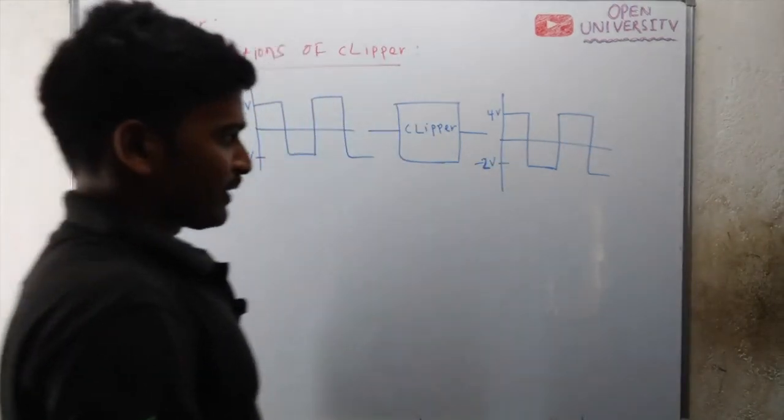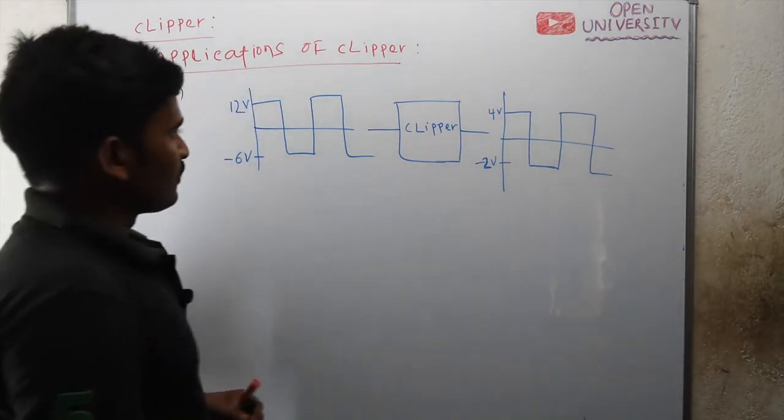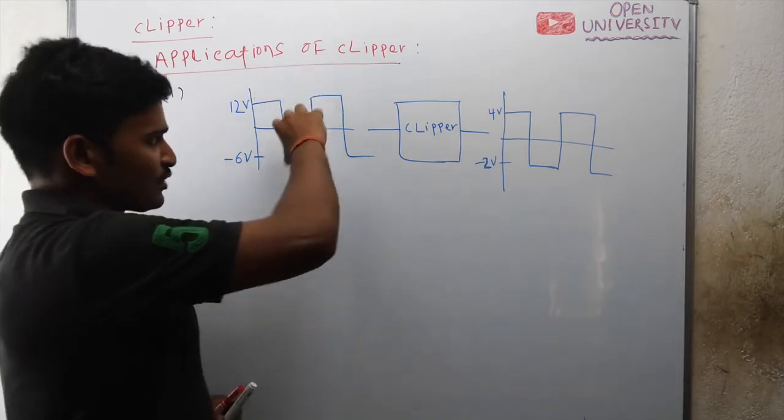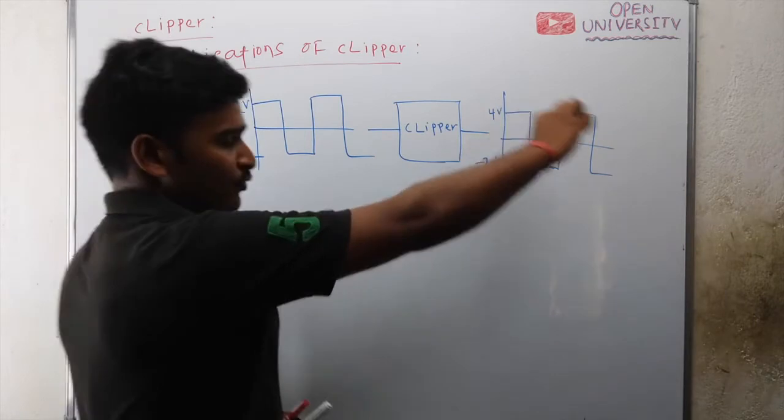The input was from minus 6 volt to 12 volt. What was the amplitude? This was the amplitude of the signal. Now it is reduced to 4 volt.